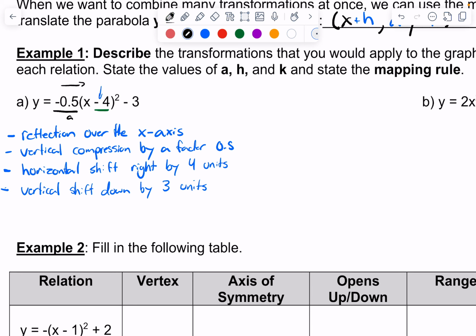Okay, so we've stated the transformations. Now just create your mapping rule. And again, you have your x's and you have your y values. Well, your x's, in this case, they're moving to the right by 4 units, so plus 4. Your y's are being multiplied by negative 0.5.